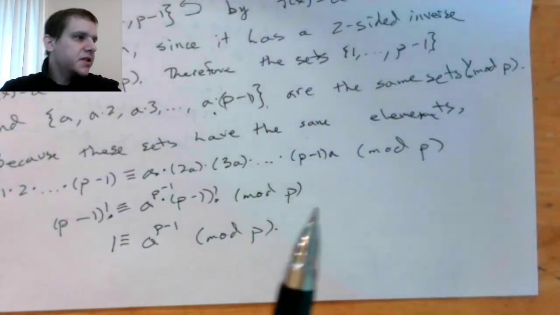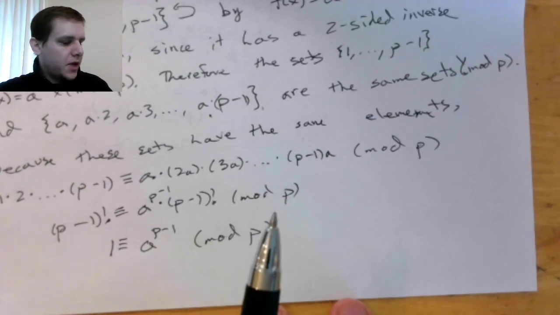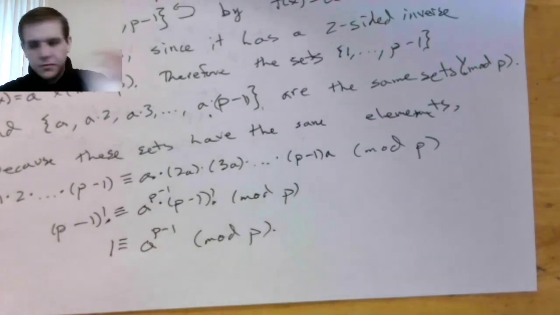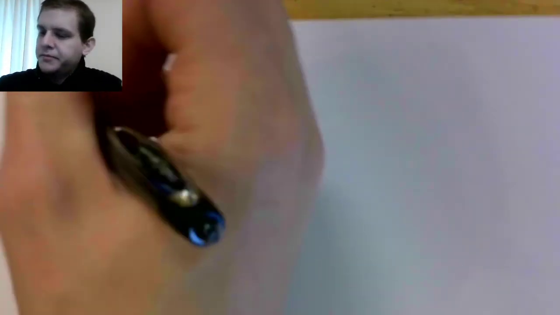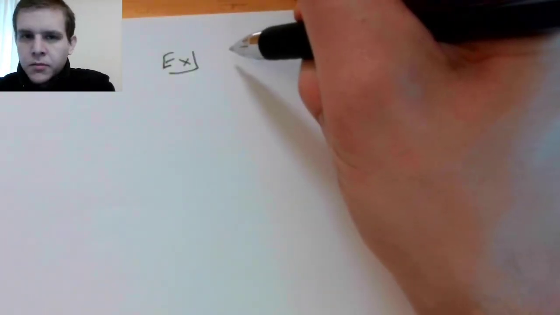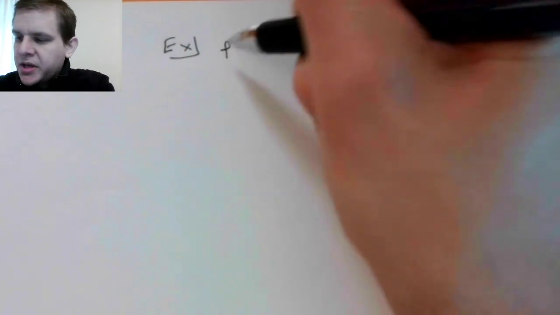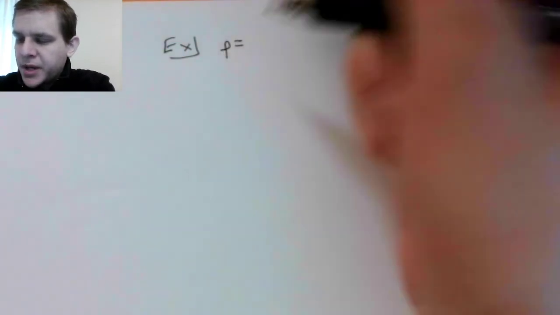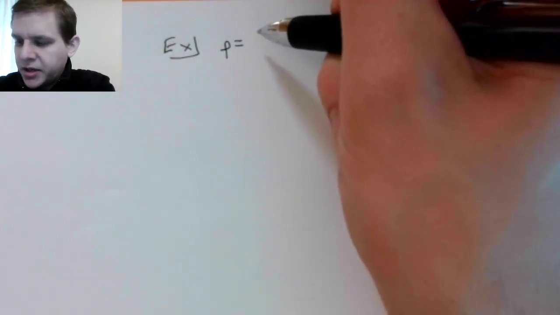So let's check this ourselves, just with an example. Let p, my prime number, be, say, 9 is not prime, 7.